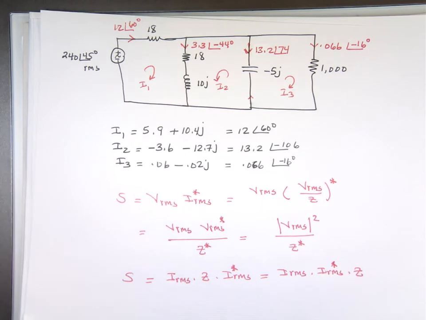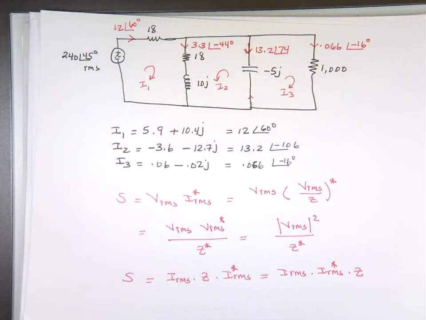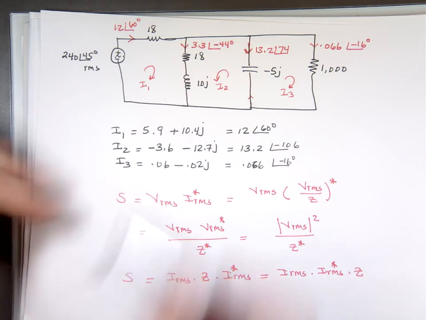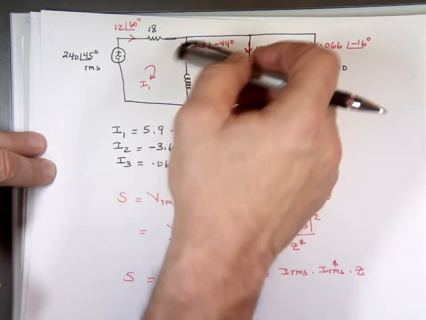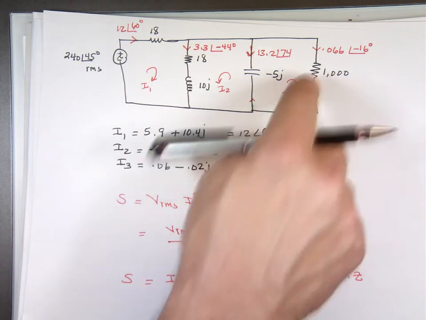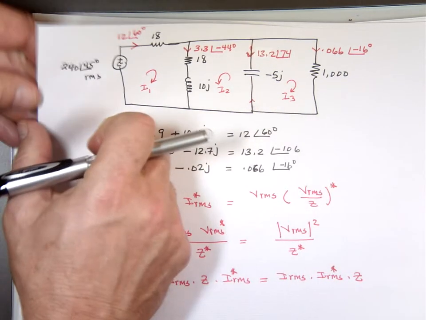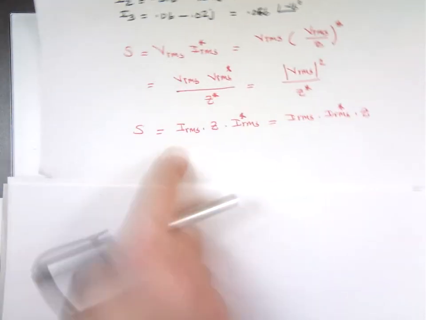So if you look at these, you know the current going through each one. I don't have to find the voltage. So if you want to treat this as one, that's fine. You want to treat them as two separate things, that's fine. So for this one, complex power by that source here, I can use that equation because I know what these values are.